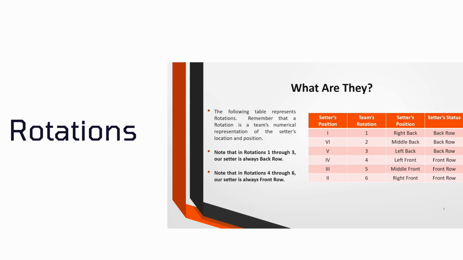If our setter, for example, is the right back, which means our setter is or was the server, then obviously our setter would be a back row player, and our team's rotation is rotation 1. The table on this slide briefly illustrates a team's rotation based on the setter's position.